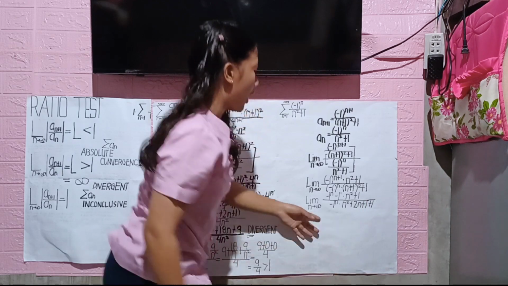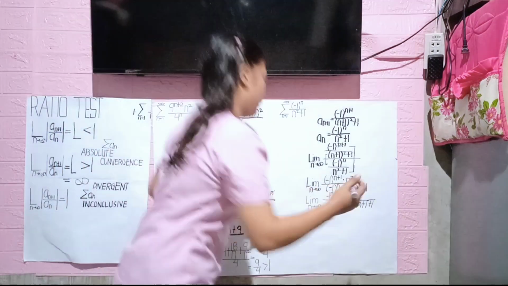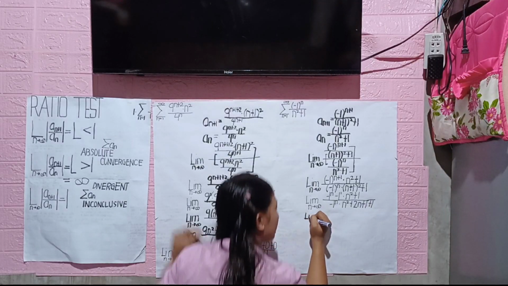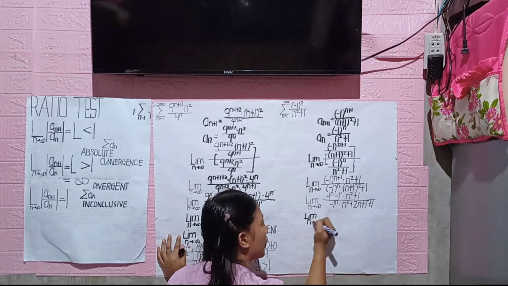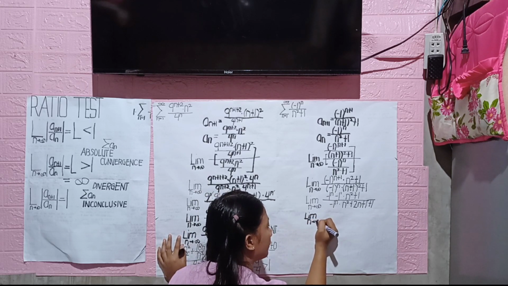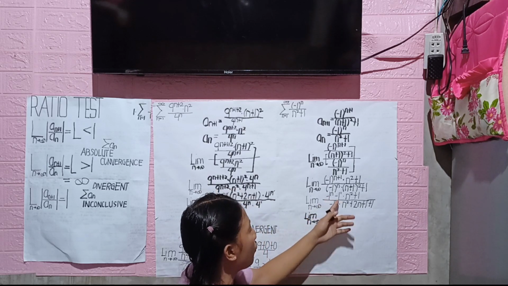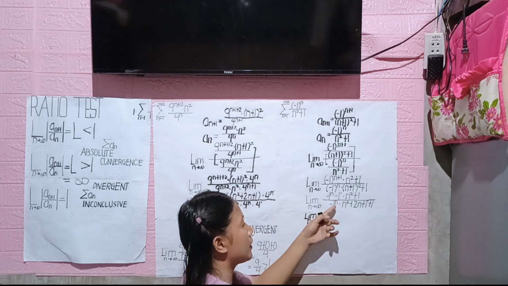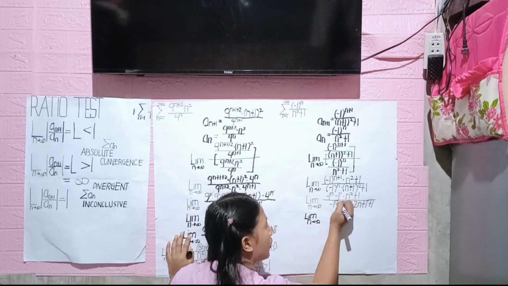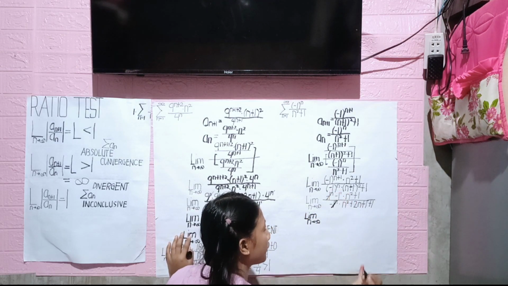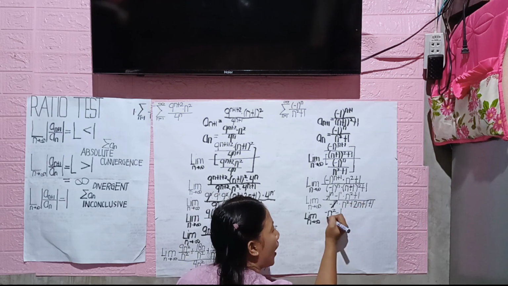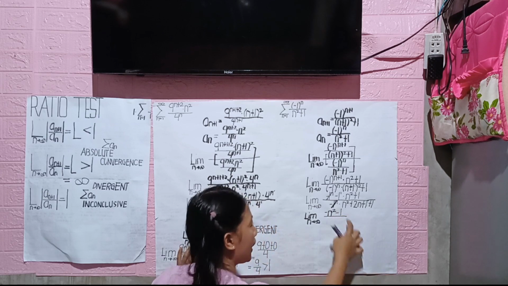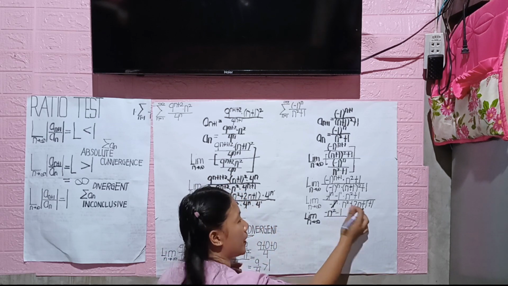So, now, we are going to solve it. So, limit of n goes to infinity. So, negative 1 raised to n is the same here. So, we are going to cancel it. So, negative n squared minus 1 divided by, so we are going to copy this.